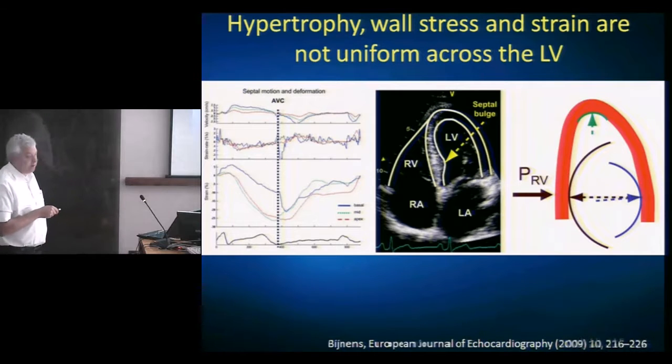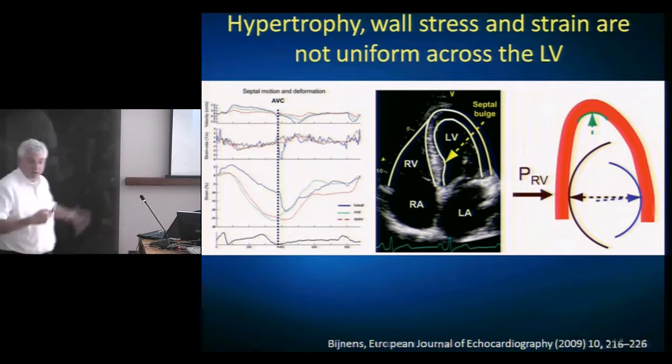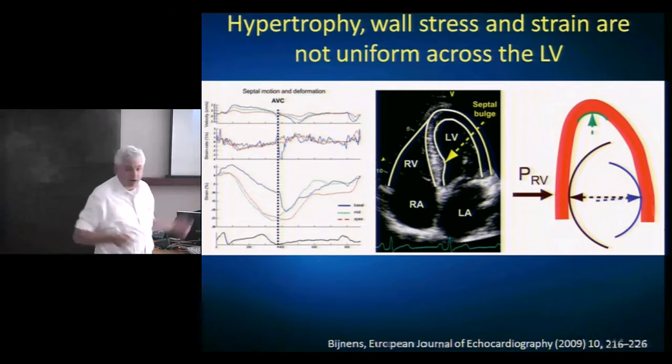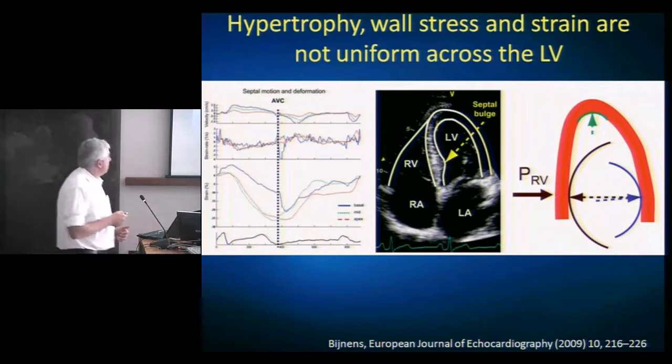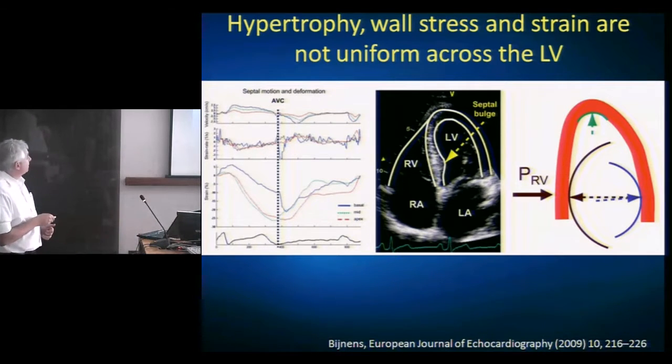But if you look in the ventricle, the ventricular diameter, which is Laplace's law and is going to determine the wall stress, is not uniform in the ventricle. It's much lower at the apex because the radius of the circle is much lower at the apex, and it's much higher in the basal components because that's where the radius of the ventricle, if you had to imagine it as a circle, is much larger. So when the ventricle hypertrophies, it actually does so not in a uniform way, but in an asymmetric way.